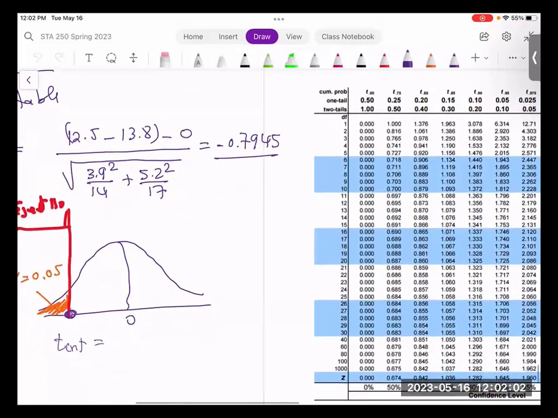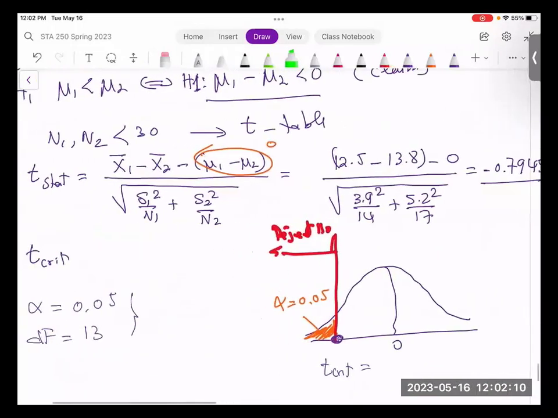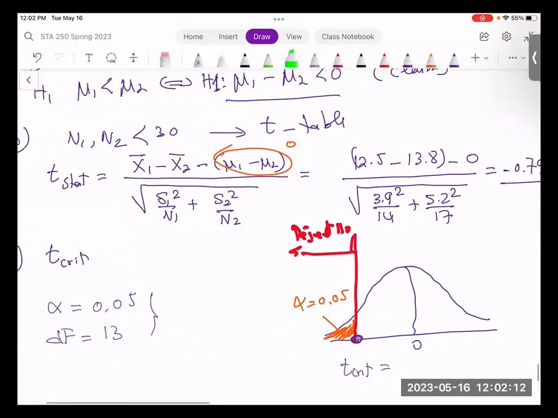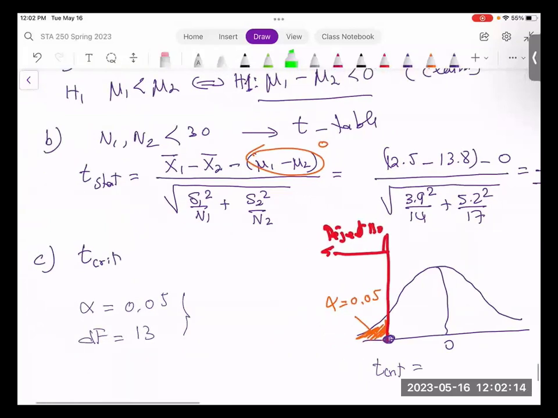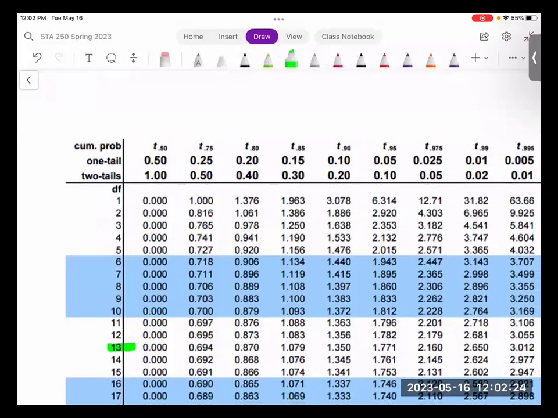So this is the T table. I'm going to go to degrees of freedom 13. 13 is right here. And then I'm going to go with 0.05 for alpha. One tail or two tails, by the way? It's only one tail, right? So you're going to look for one tail, 0.05.